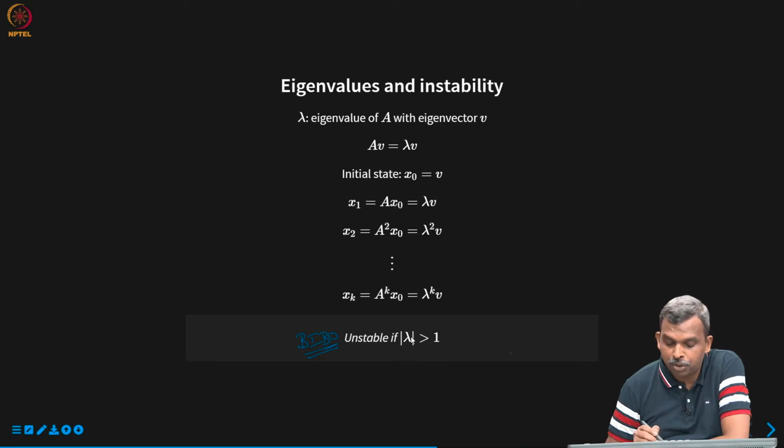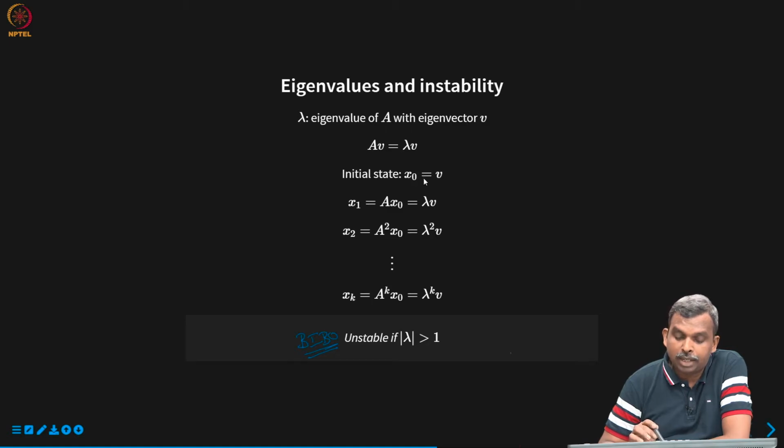So, clearly if the absolute value of lambda, see I am imagining that lambda could be complex as well, even if A is real, lambda could be complex. So, that is why I put the absolute value of lambda. If the absolute value of lambda is greater than 1, then you are allowed to pick the initial state to be this eigenvector v, which could also be complex. So, in general we will allow our numbers to be complex just to be safe. Maybe they are all real, maybe all that works out, but we will allow things to be complex as well.